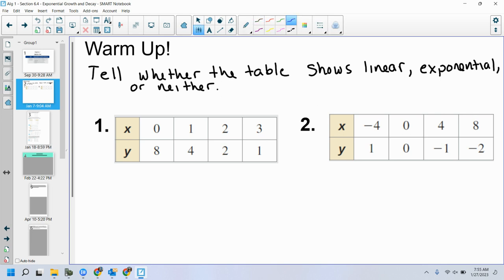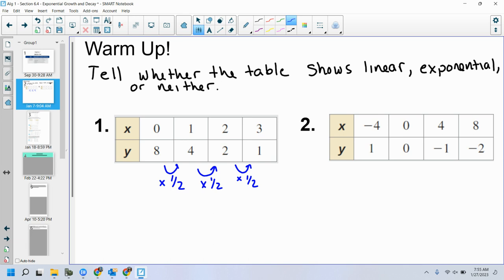Do I have that in this first one? What is the pattern that you see? Division. Isn't division the same thing as multiplication by a decimal, though? You see dividing by 2, right? Isn't that the same thing as times 1/2? So is this exponential?